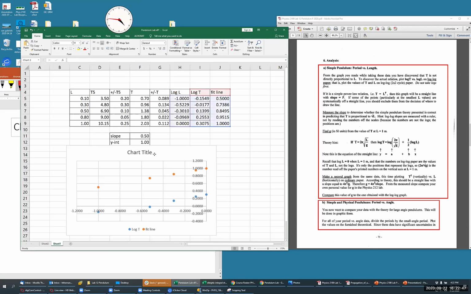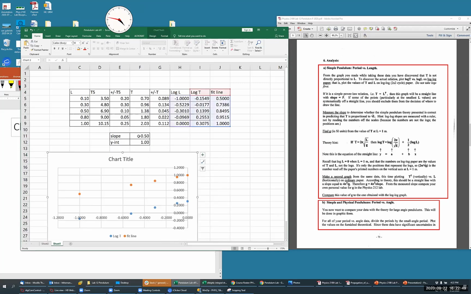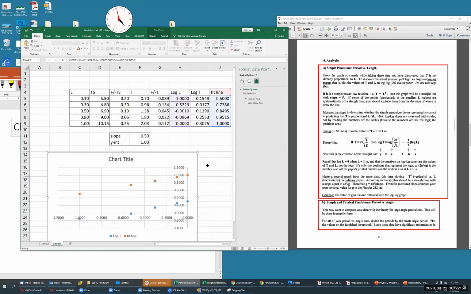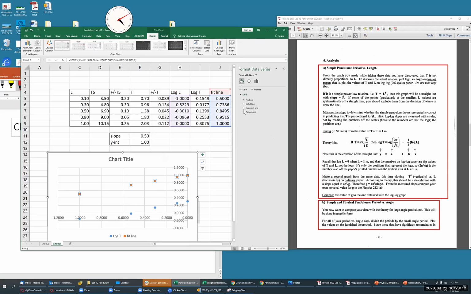What I want to show you, and maybe, Lawrence, you mean when I change these numbers here. But watch this. So we're going to select the data series we want. Whoops, no, that didn't work because it's saying format a data point. So I want to format this series. And I want to make it a line.